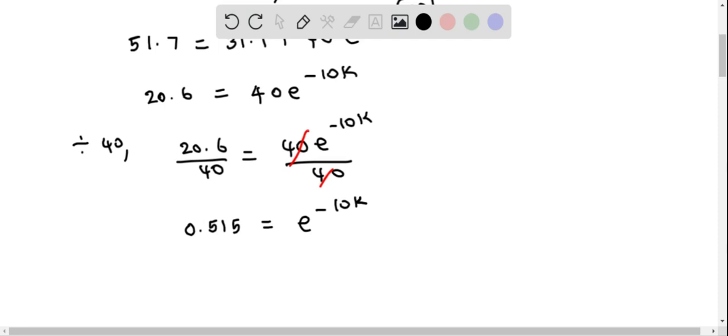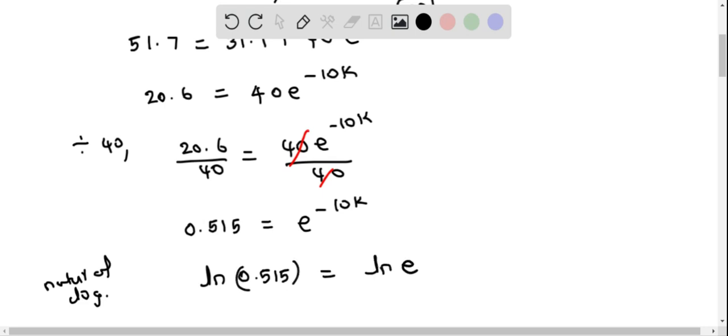Now to solve for k, we apply the natural logarithm to both sides. We get the natural logarithm of 0.515 on the left side, and on the right side the natural logarithm of e raised to the power of minus 10k.